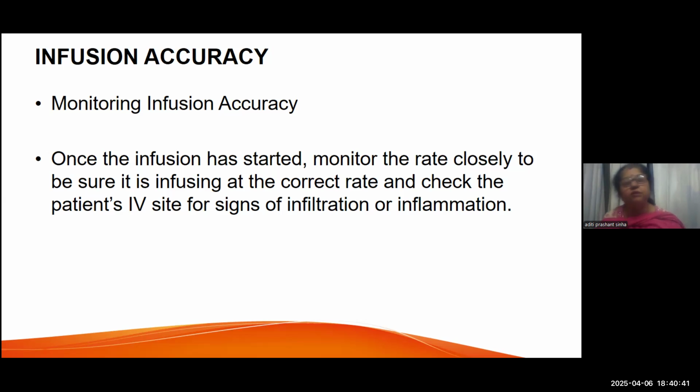Why? Because the vein was out. So it is very important to see if, even when you start, the patient is reporting any anaphylactic reaction, the patient is telling you of pain, or when you check the IV site, is it giving pain, is there an inflamed sign? If there's anything present, please change the cannula and then administer the medication as per the required strength and dose.